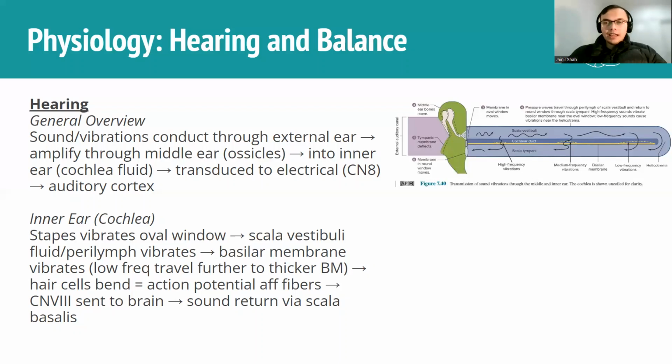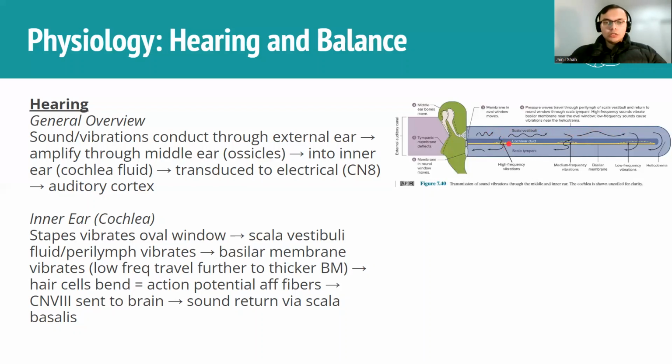And the way that the ear works is that the lower frequency vibrations will travel further to thicker parts of the basilar membrane, and the higher frequency vibrations will sort of come off earlier and make the basilar membrane closer to the eardrum deflect. So the lower ones go further down, the higher frequency ones sort of come off earlier.